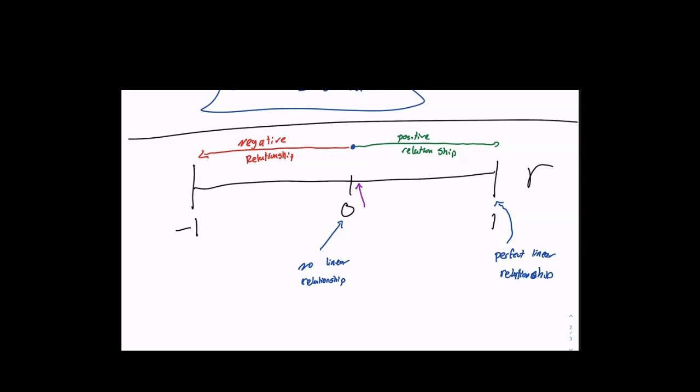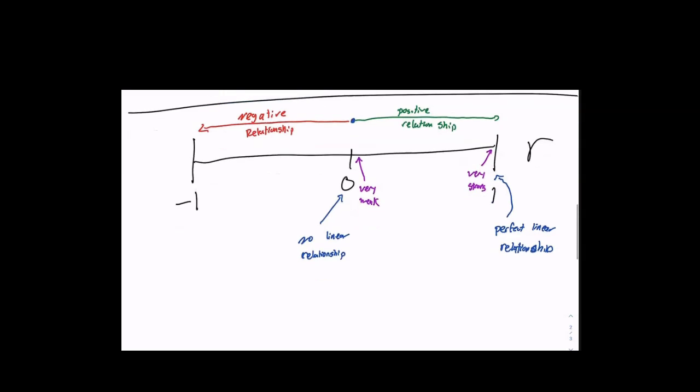Remember, we have 5 ways of measuring. Very weak. And what would you define something that's very close to 1? That would be very strong.